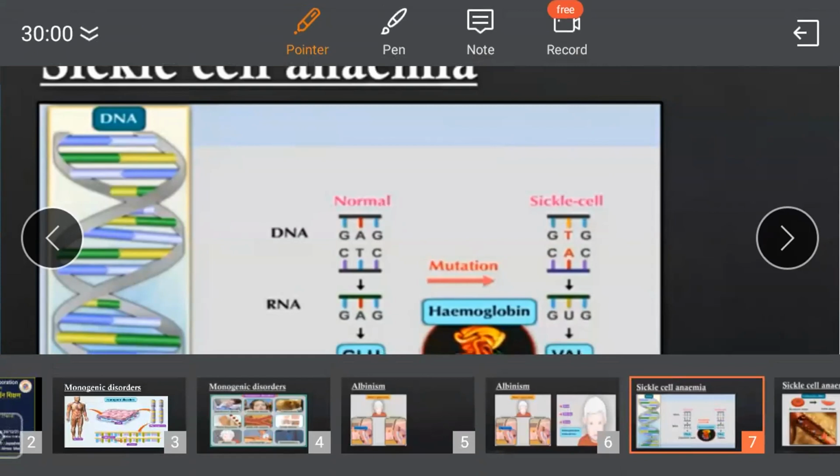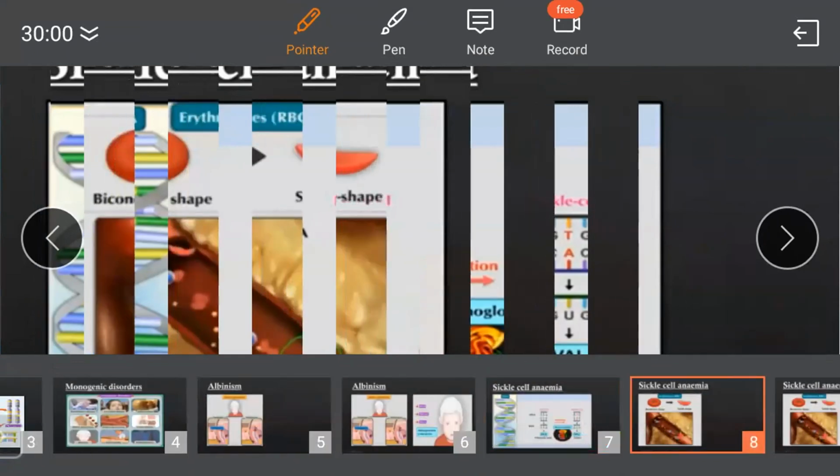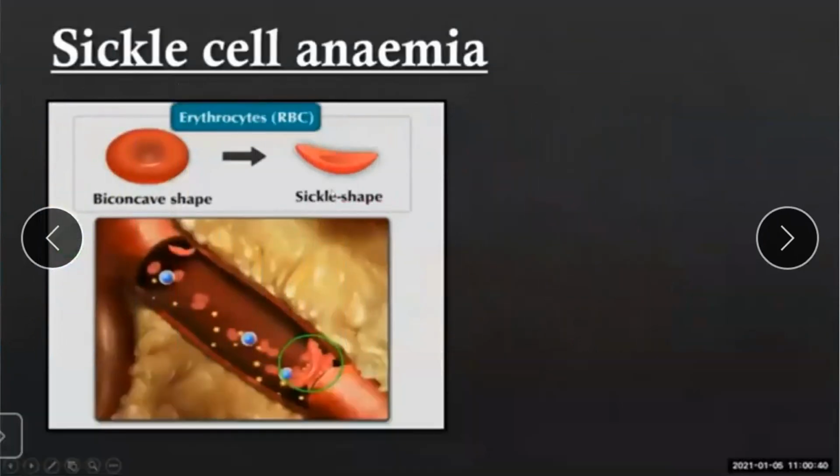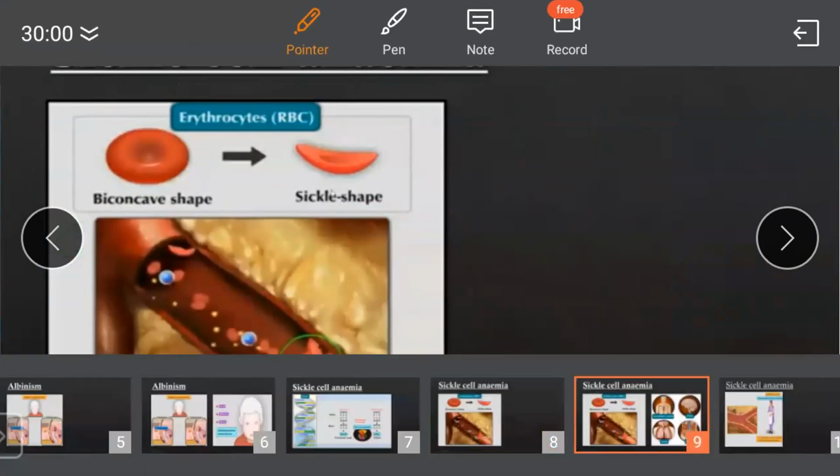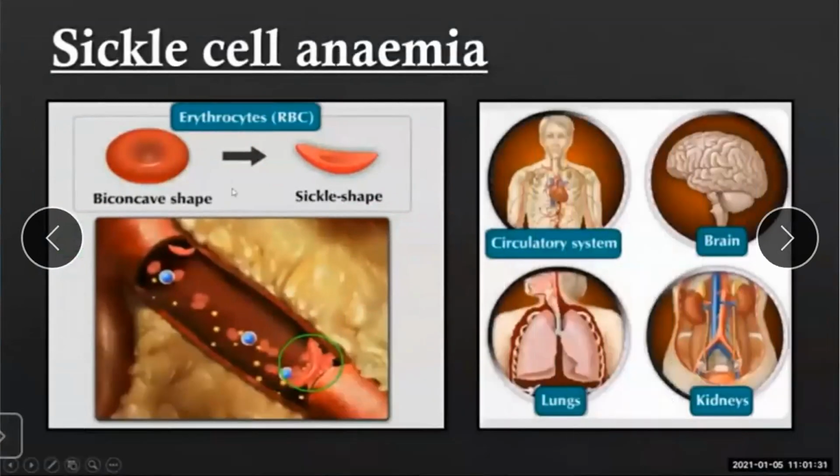What changes can we see here? We can see the sickle shape. See here, the biconcave shape is seen, but due to this mutation, it changes to the sickle shape. So, what happens?